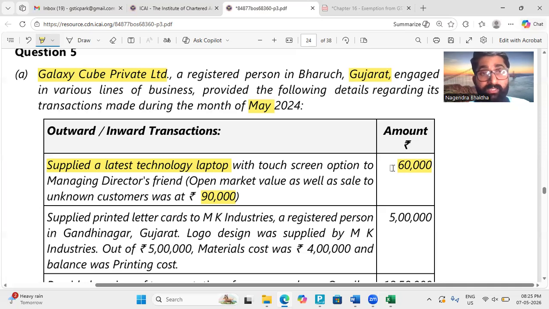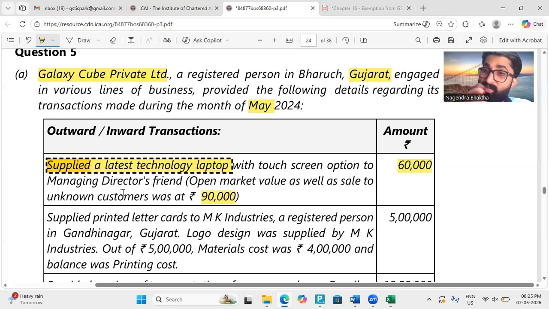Whether the buyer and seller are related: the seller is Galaxy Cube Private Limited. Who is the buyer? The managing director's friend, not the managing director. If the purchaser is the managing director, directors of the business are related persons.